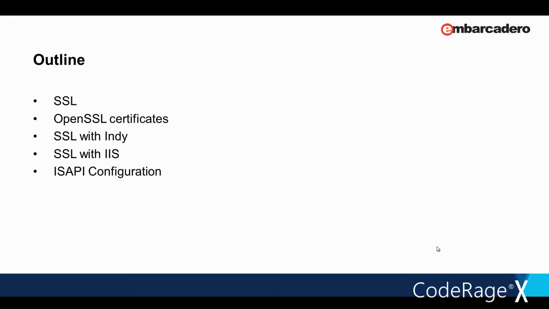We're going to talk about SSL with Indy, and then SSL with IIS, and then we're also going to talk about IceHappy configuration, because getting that wrong can also give you security issues there as well. And so it's important to note those things, and let's move right along.